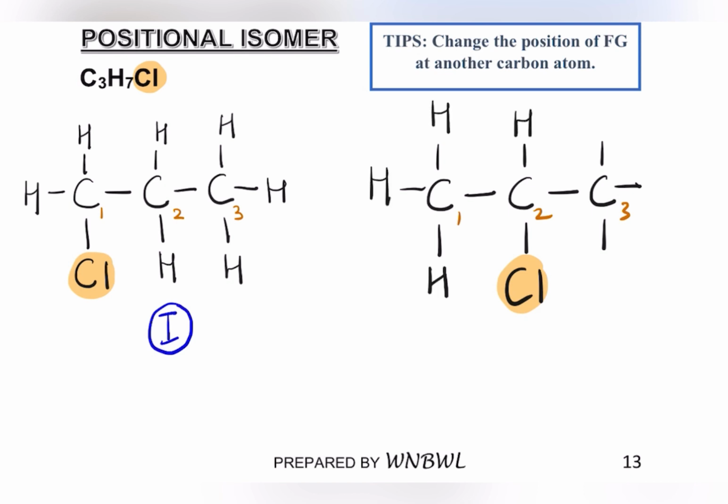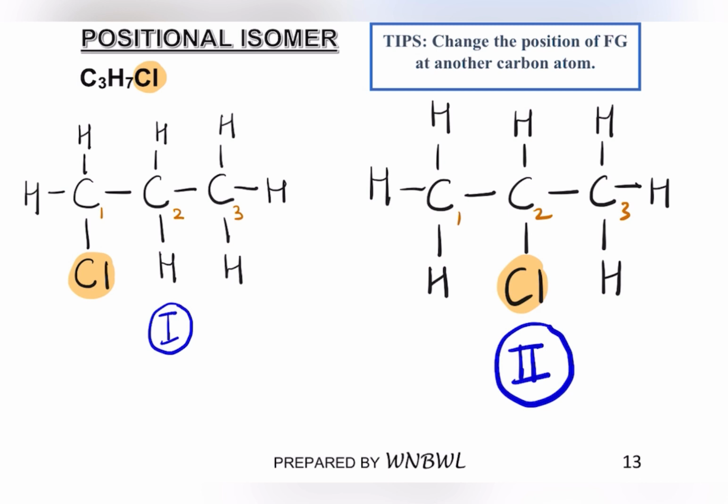So I'm going to draw it like this with 7 hydrogens. And as you see here, this will be the second structure for the positional isomer of C3H7Cl. As you see from here, what differs is only the position of the functional group.